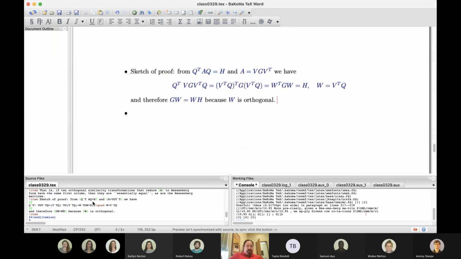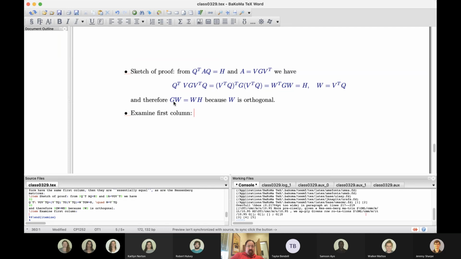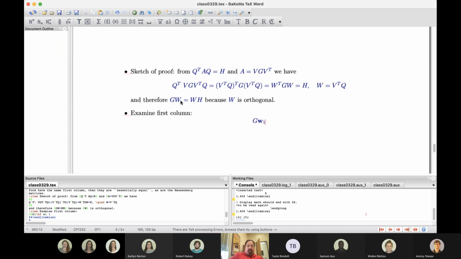Now what I want to do is look at the first columns of these. What we have here is GW1, which is the first column of W. That's equal to the first column of WH.